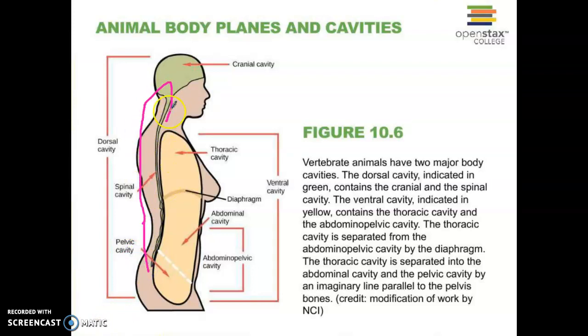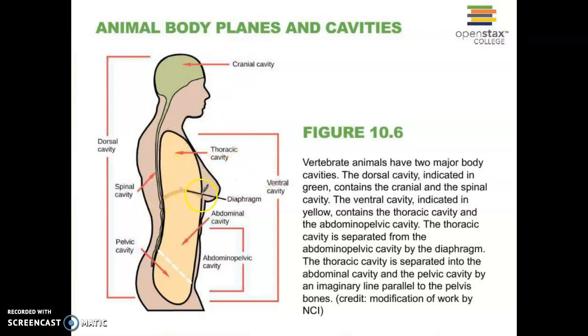So we say the dorsal cavity is the whole back cavity of the body. Cranial cavity, we're always talking about where the brain is, the cranium. Thoracic cavity right here.